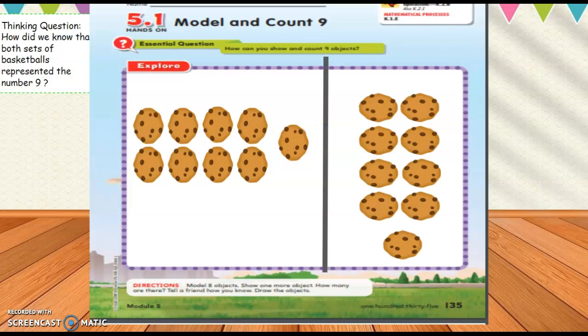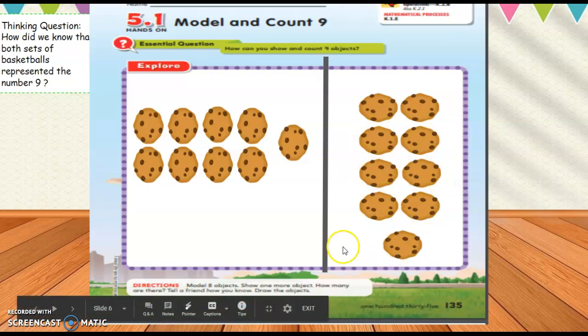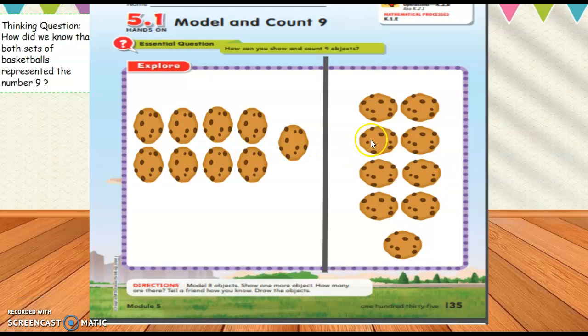All right, so let's look. So we already know that we have 9 cookies, correct? Yes. Now we changed the arrangement, okay? We changed how we placed them. Now, since we changed them, do you think the number of cookies has changed? Some might say yes, some might say no. Let's see. So we know we have 9 cookies here.